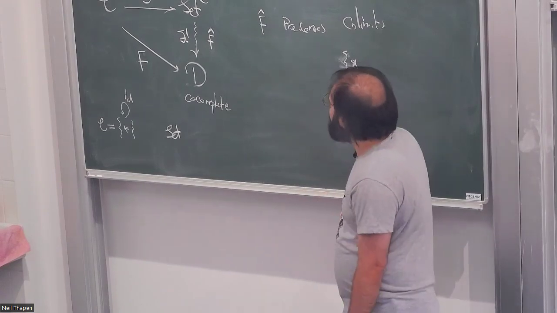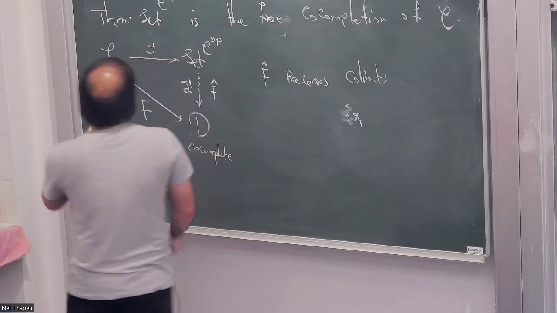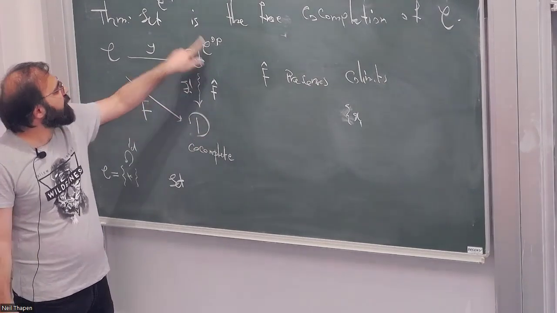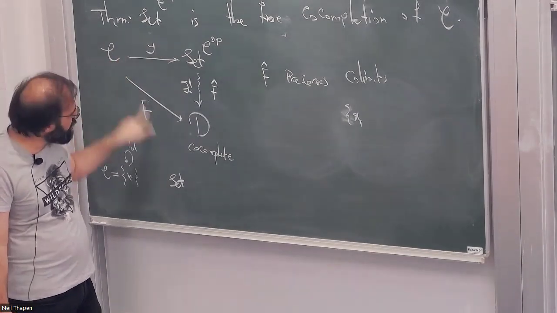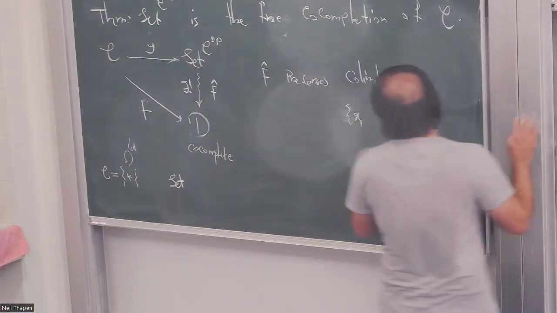Okay, so I won't prove that, but the whole point is that you know how to construct everything here based on C in a canonical way, and then you use that canonical construction to expand it to D. So the situation is something like that.